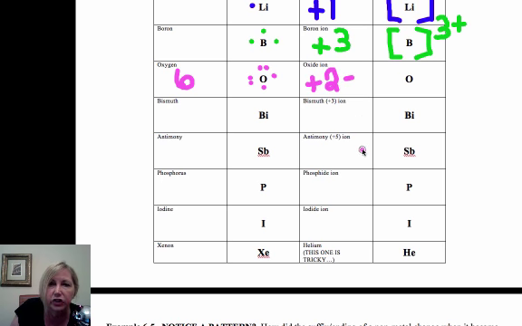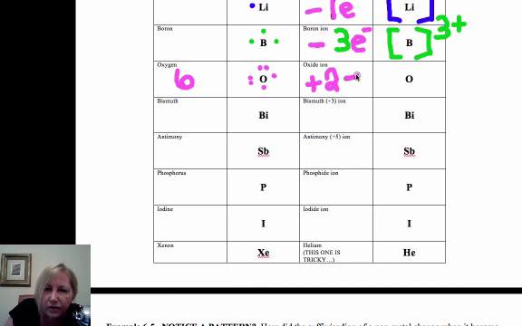I should have done this up here. Let's change this, instead of putting the charge, let's put whether or not it lost. To become the lithium ion, it's going to lose 1 electron, so minus 1 electron, and this was minus 3 electrons. I think that's more helpful.